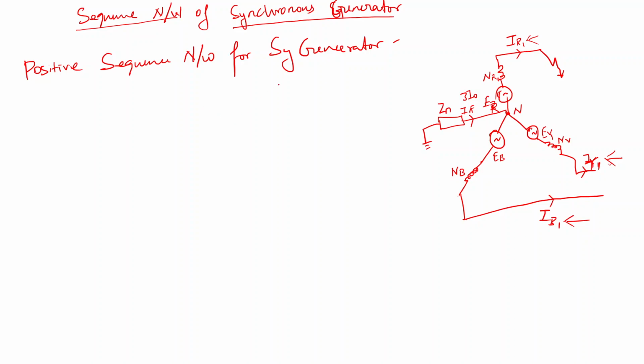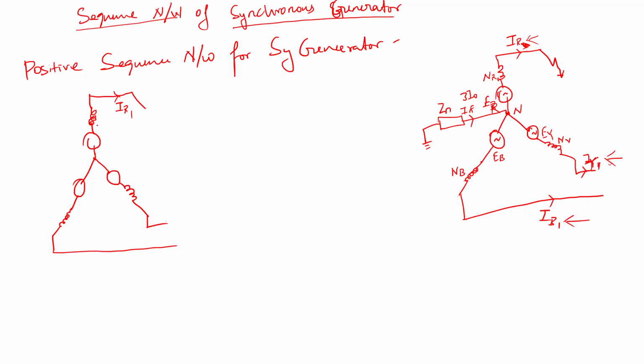If this is the generalized network and I write only the positive sequence, then I will write like this. Here it is IR1; if only IR is given and IR1 is not given, I am drawing the network for the positive sequence.